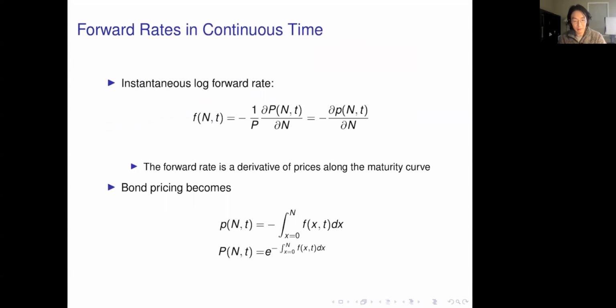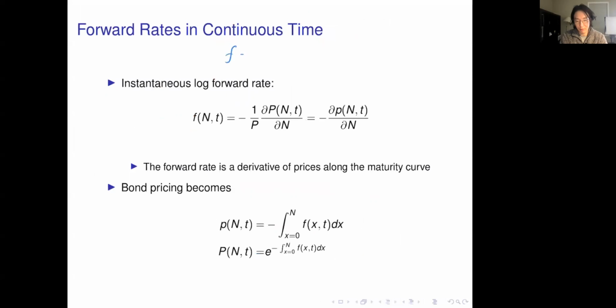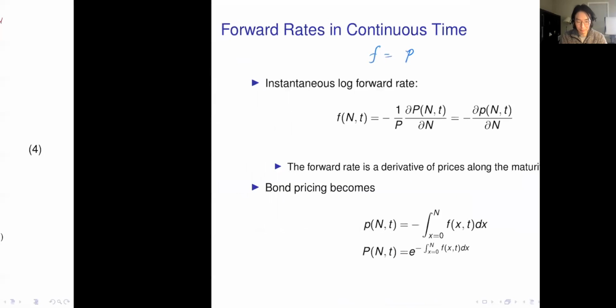Forward rate can be defined in continuous time. First, you define the instantaneous forward rate. So you use the definition here, okay. So instantaneous forward rate is basically the difference in the two log prices.